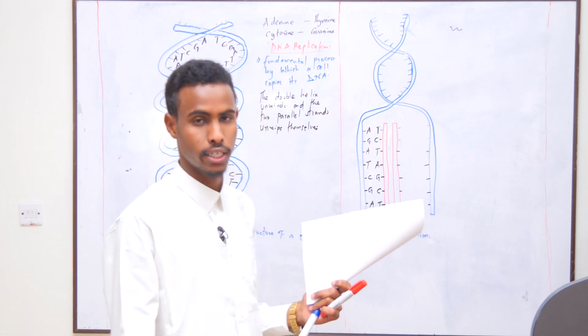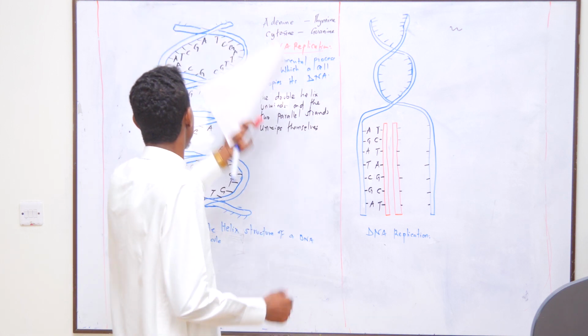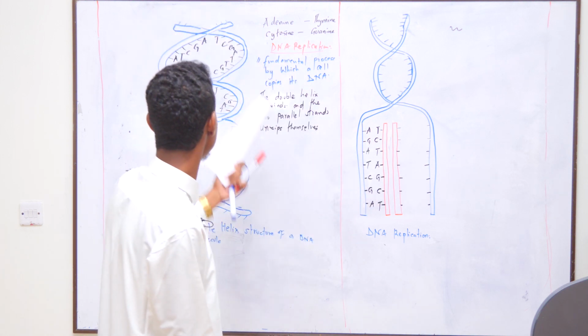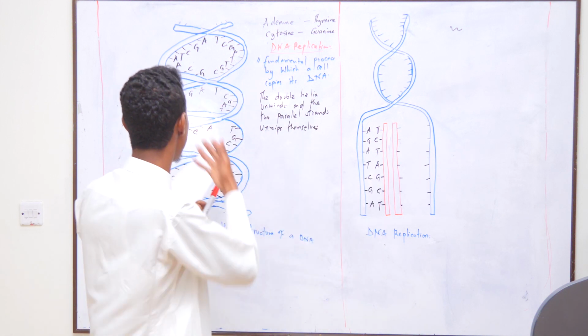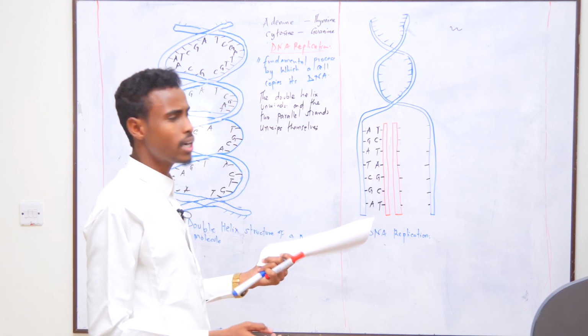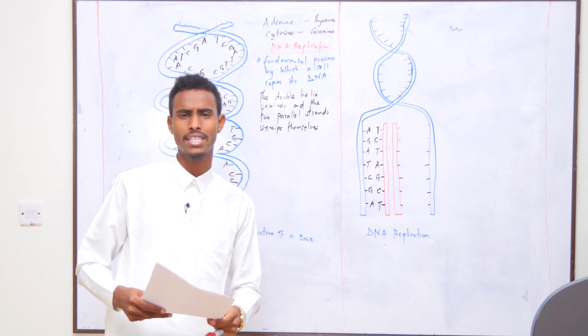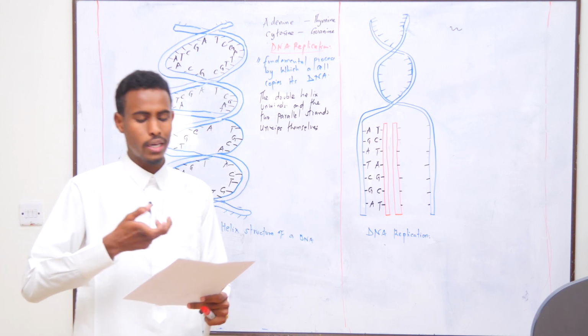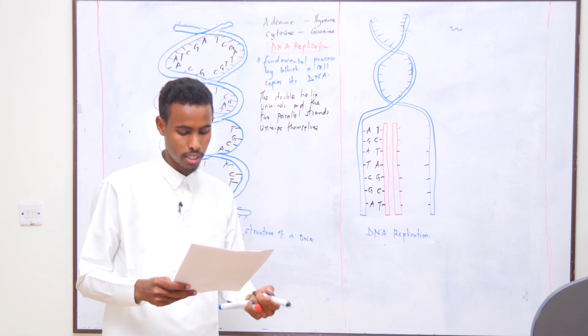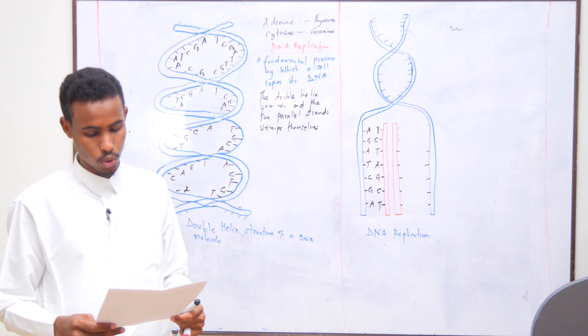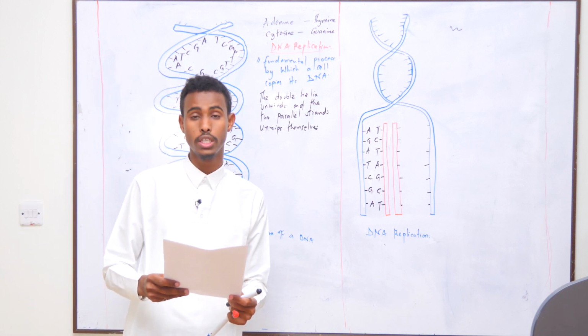That's a very important thing. For instance, a base like adenine and a base like thymine, or guanine and cytosine, what holds them? What we know, class, is that the base pairs are held together by weak hydrogen bonds.